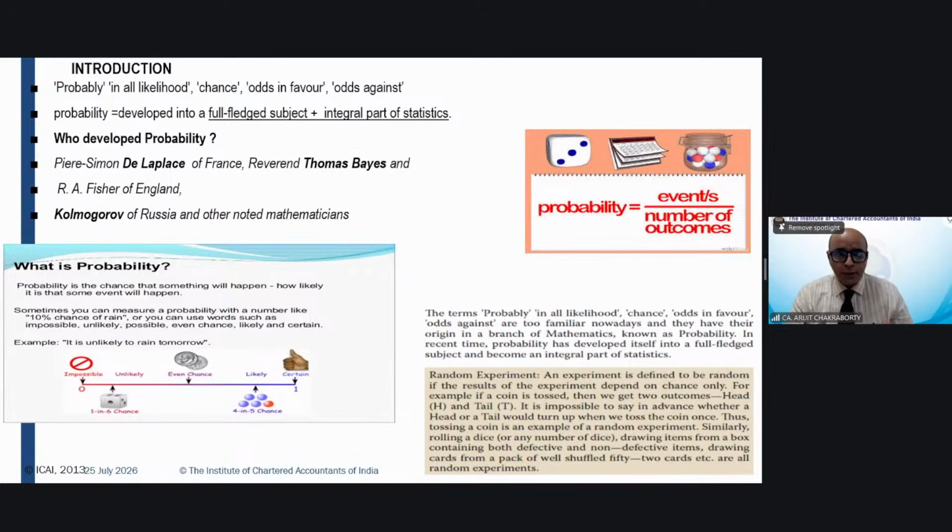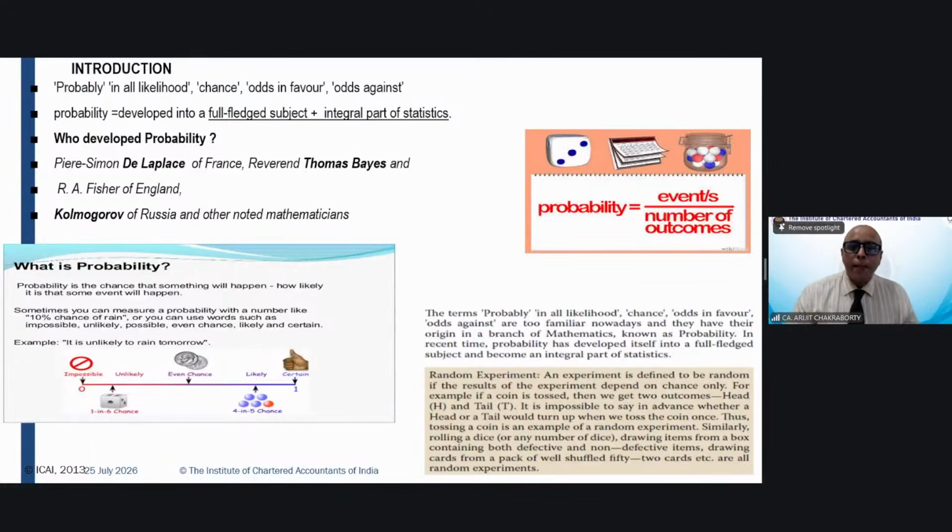To favor this question, only 2 outcomes can be there, and that is 5 and 6. So the probability of getting a score more than 4 when you roll a dice becomes 2 by 6, because there are 2 possible events which will be favorable to you, and the total number of possible outcomes is 6.